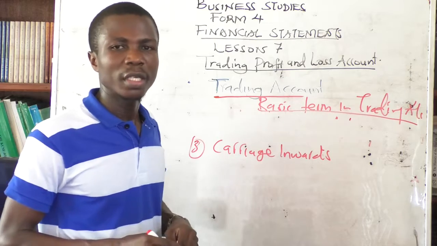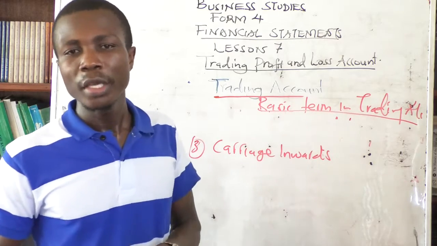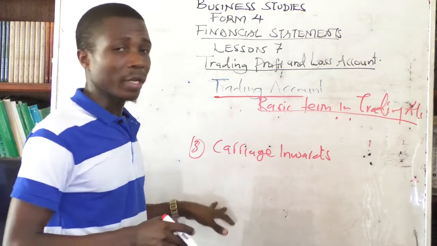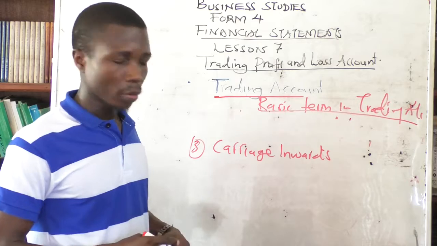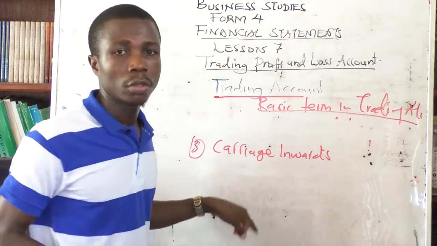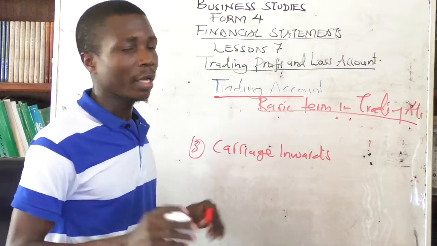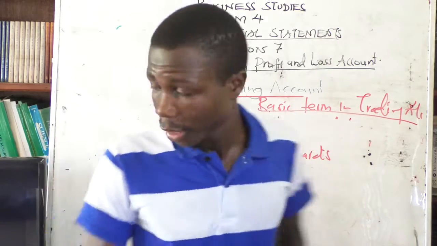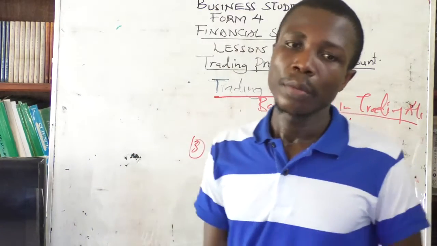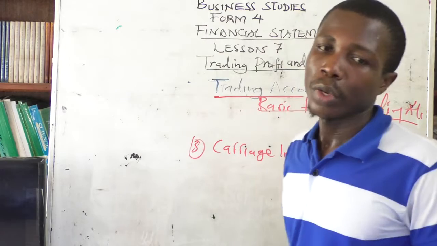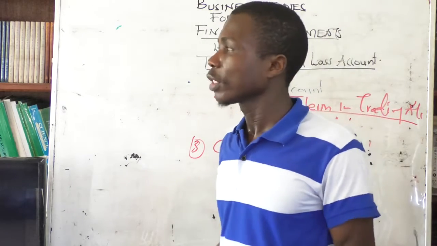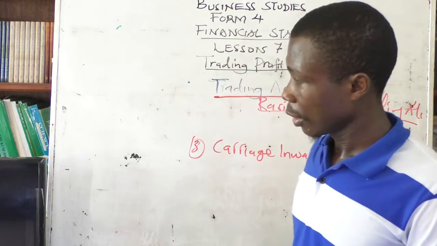So this is the cost incurred in transporting goods to the business from the suppliers. The carriage inwards are regarded as part of purchases, hence they are added. So when calculating the gross profit, we always add it to the purchases.